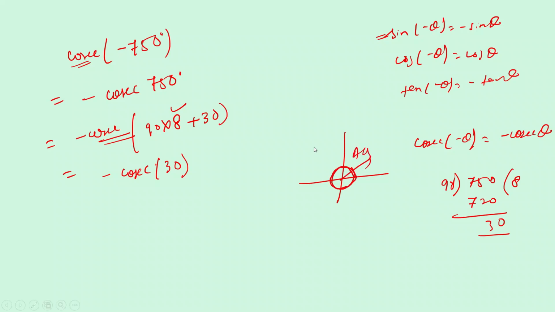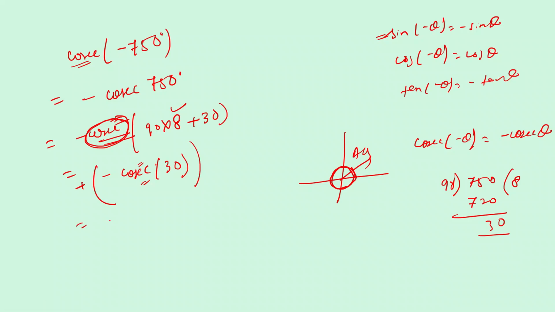So everything is positive, so cosec is also positive. So always remember, you have to consider this function, not the changed one. Whenever you determine the sign, if you are to change it in some cases, don't take the changed one. So this is positive, so we multiplied with a positive.